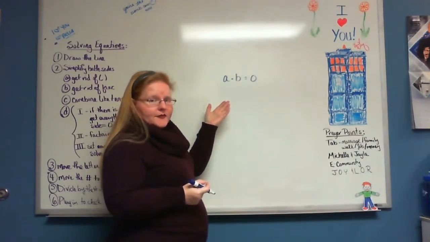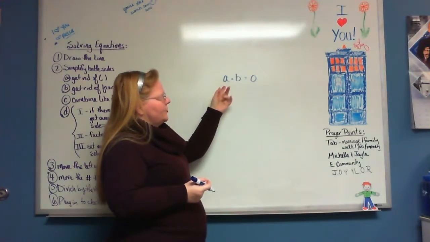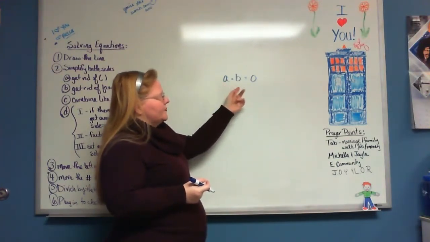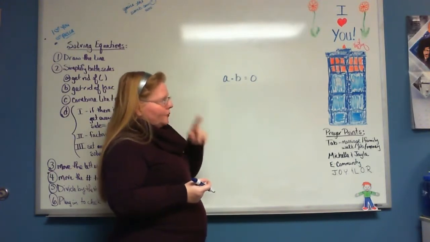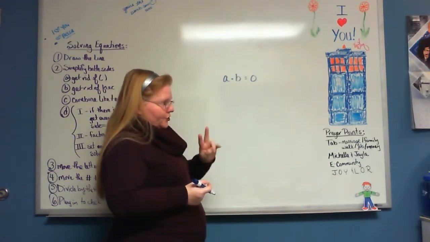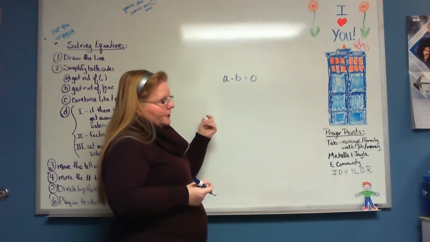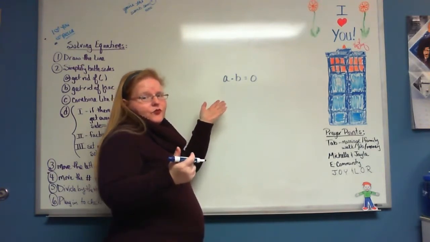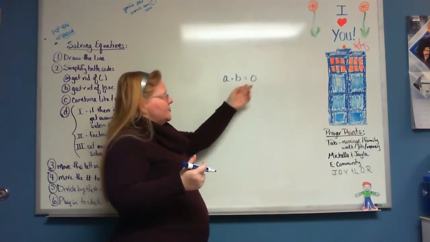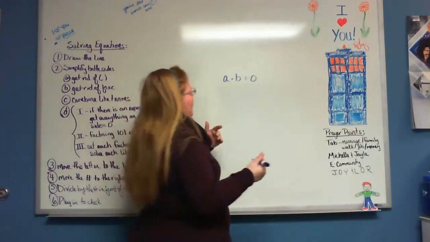That's right, B has to be 0, because 2 times 0 is 0. But if I were to tell you that B were 2, then you'd tell me that A would have to be 0, because one of them has to be 0. That's a rule. One of these has to be 0 in order for that to be 0. It's just a rule, the way things are.